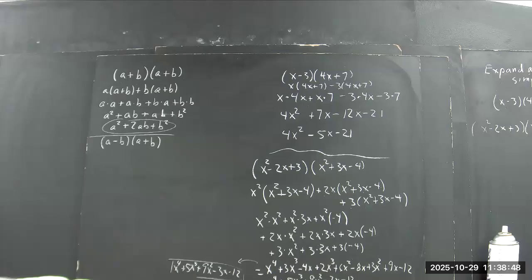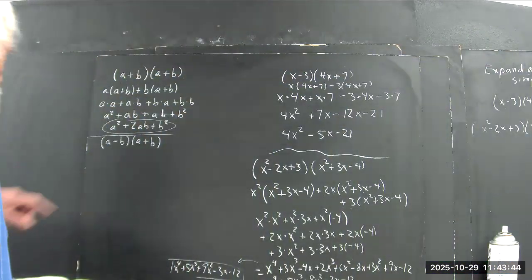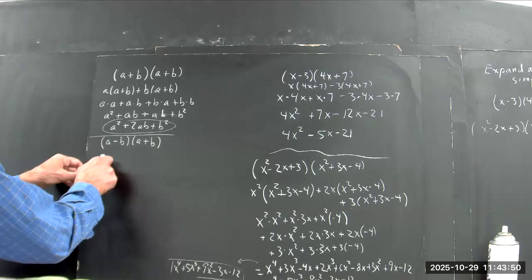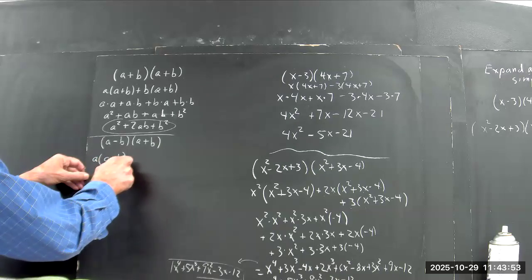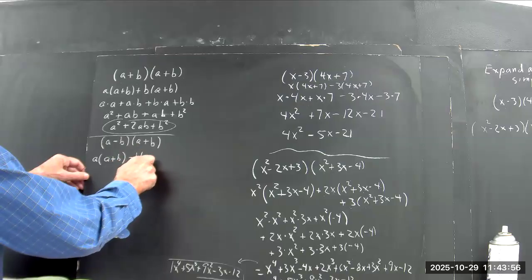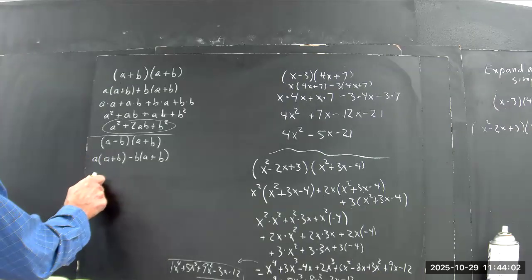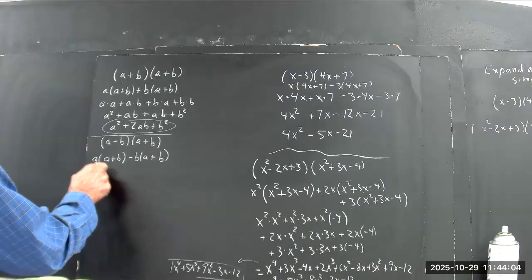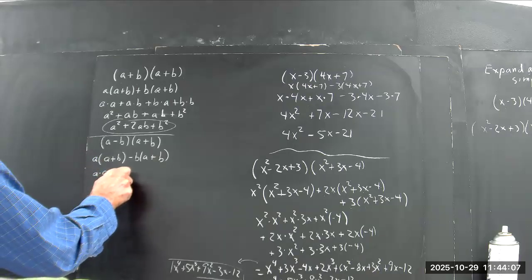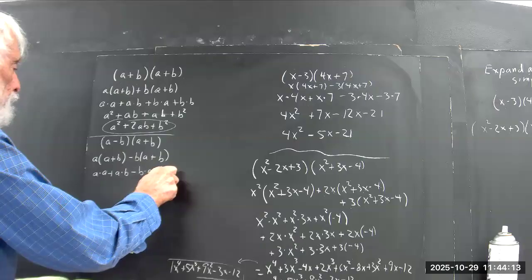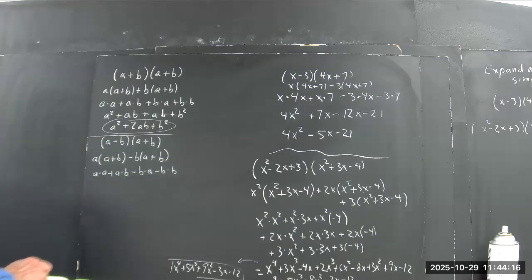Now go ahead and work the second one if you haven't already. Okay, a minus b multiplied by a plus b would be a times a plus b minus b times a plus b, which is a times a plus a times b minus b times a minus b times b.